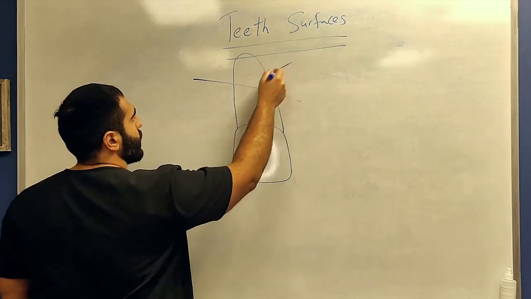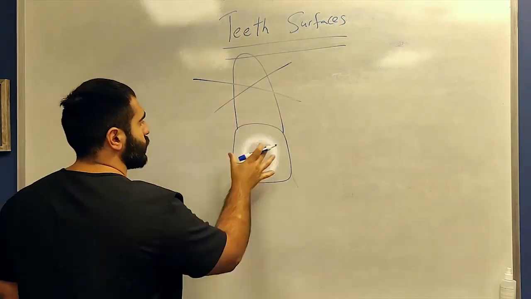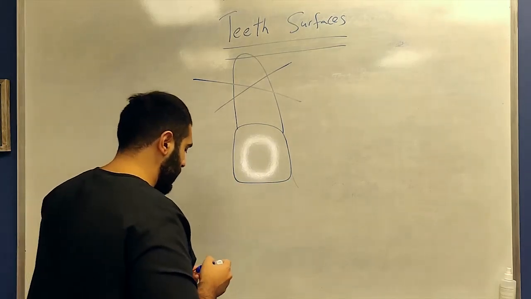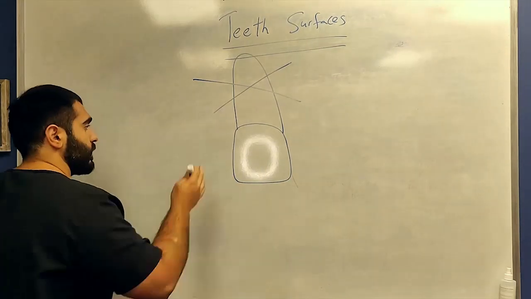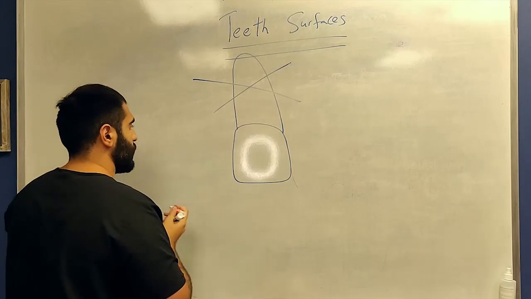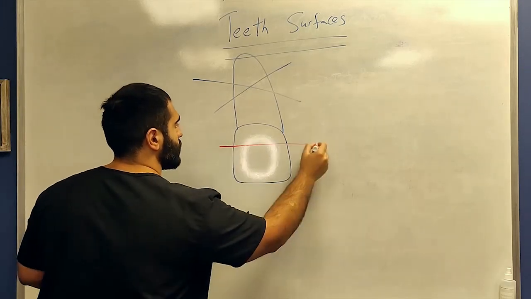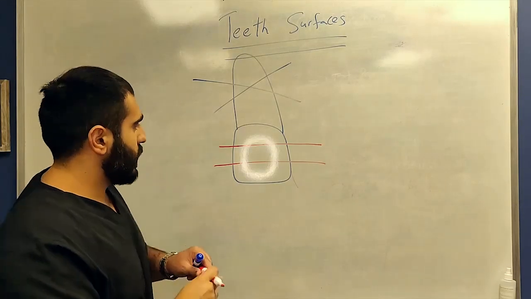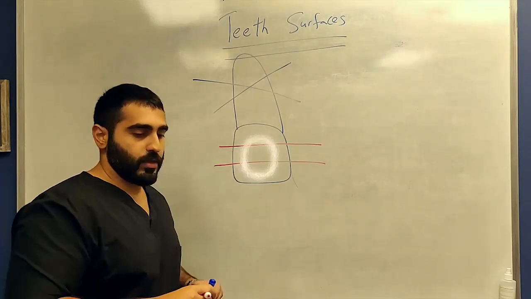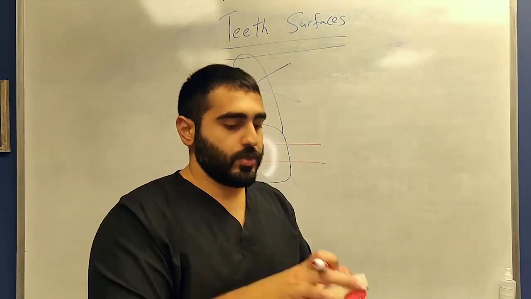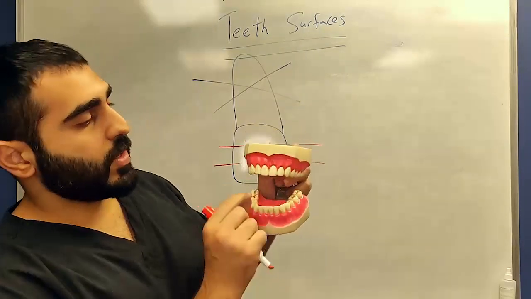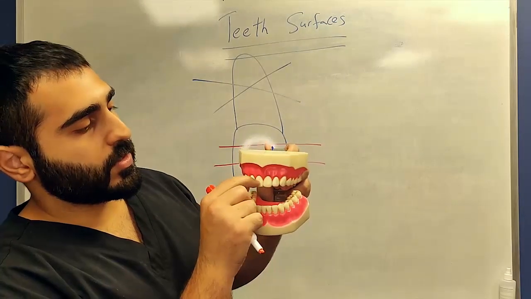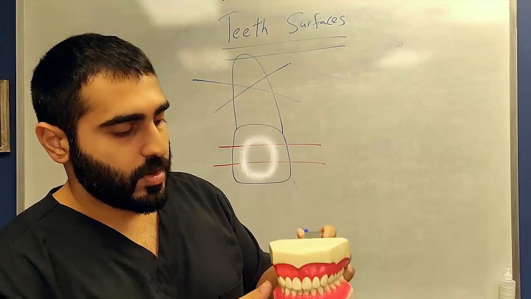We're not going to talk about the root at all, and we're just going to focus on the crown. If we split this crown into three sections, we are left with basically thirds. If we're looking at it this way, this is one third, this is another third, and this is the last one.